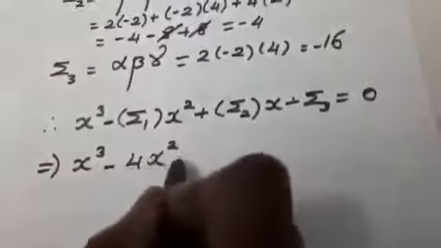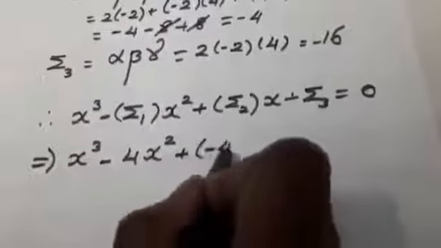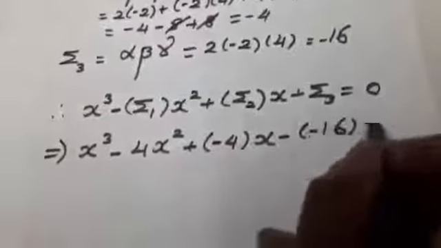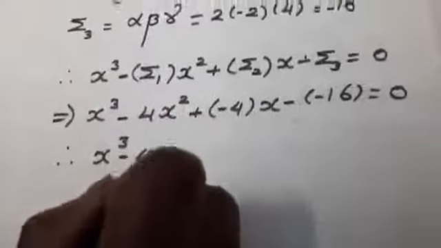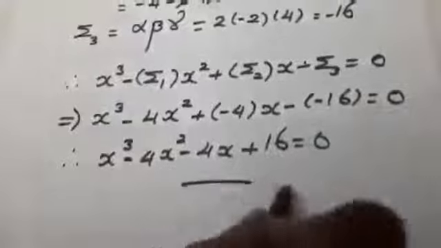That is x cube minus 4x square plus minus 4x minus of minus 16 equal to 0. If you write it properly, you will get the answer as x cube minus 4x square minus 4x plus 16 equal to 0.